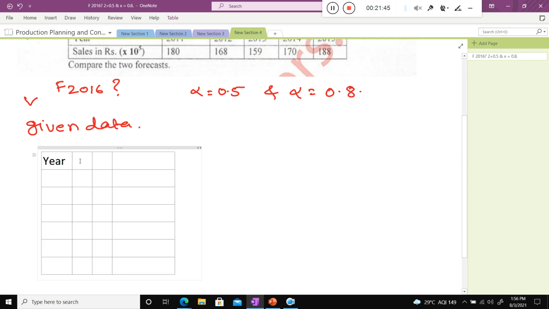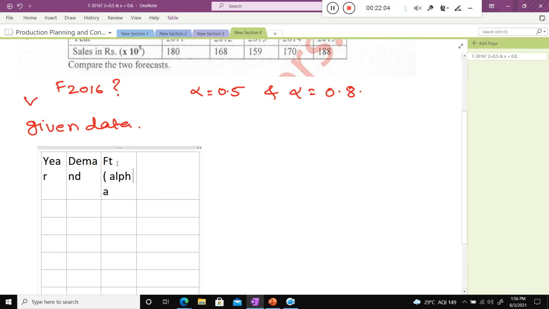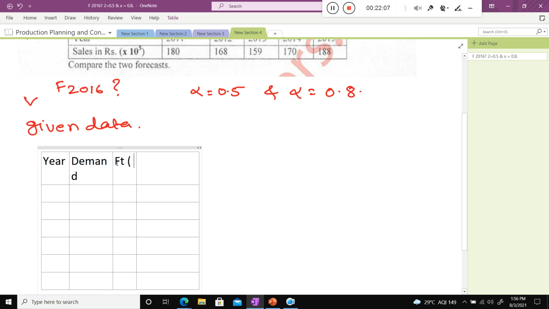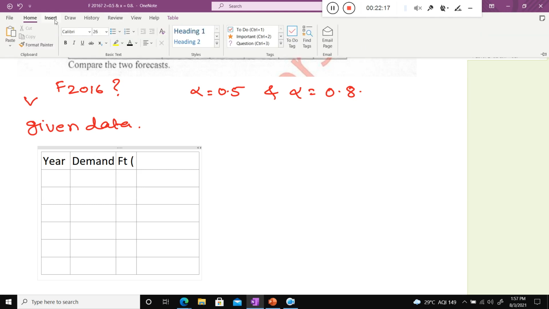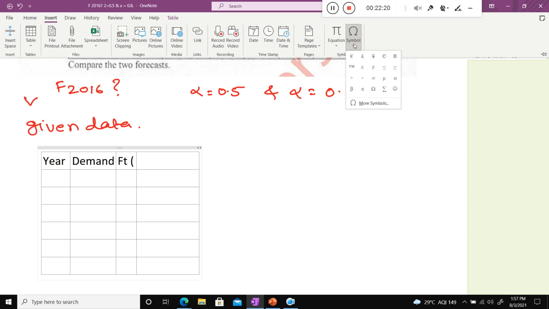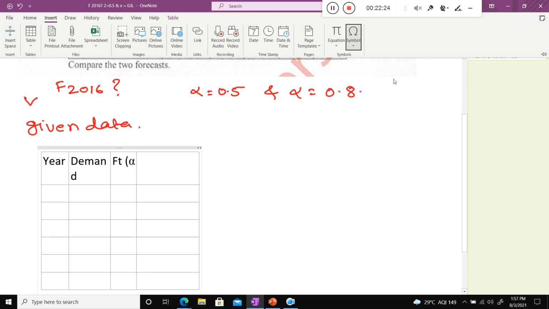So here is given the demand. The next point, Ft: we will find out Ft when alpha is equal to 0.5, that is one. I will just write alpha here because the symbol is not easily available.